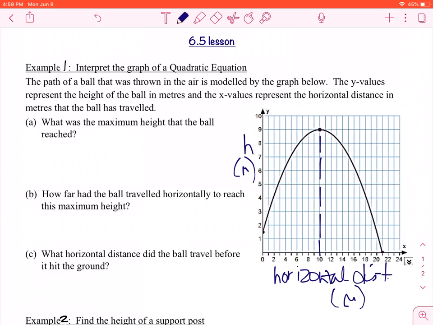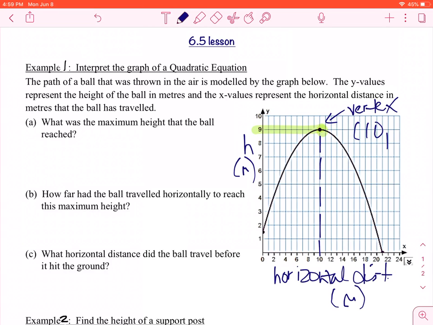We want to figure out what was the maximum height that the ball reached. That would definitely have to deal with looking at our vertex. With our vertex, you can see it does reach a max height at 9 meters.